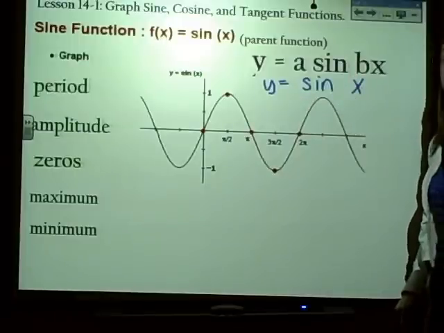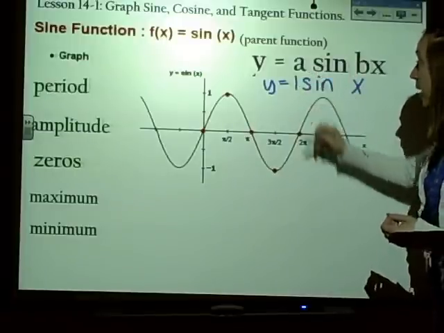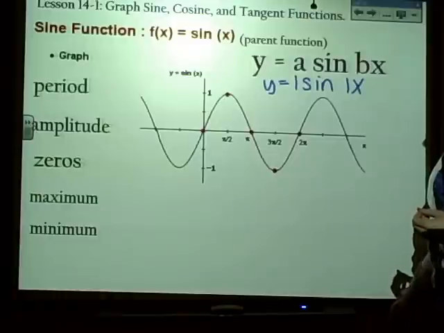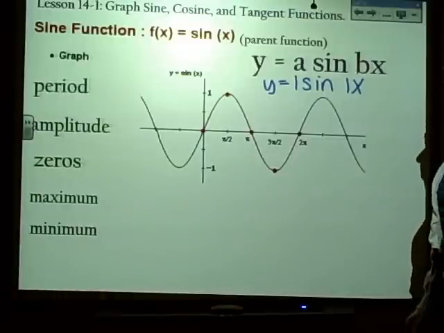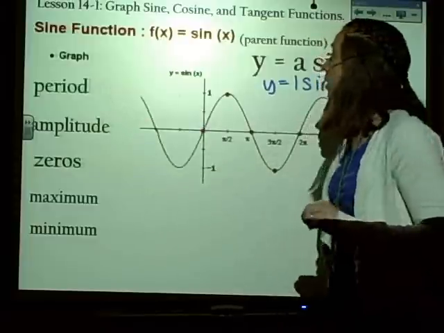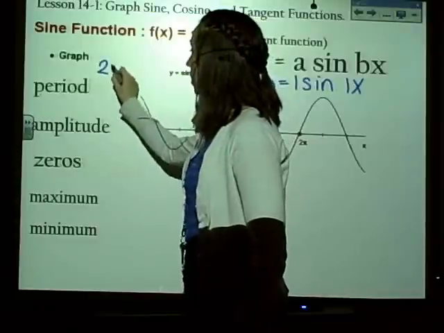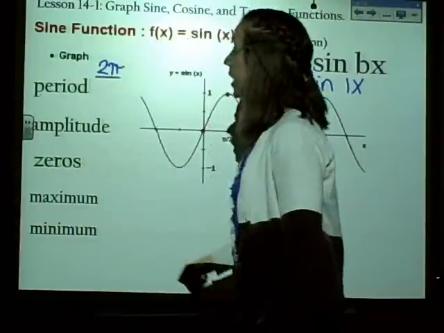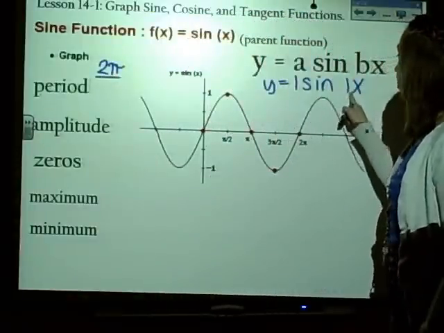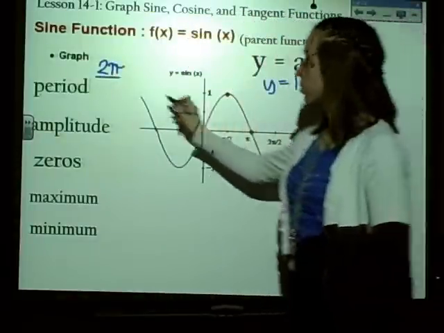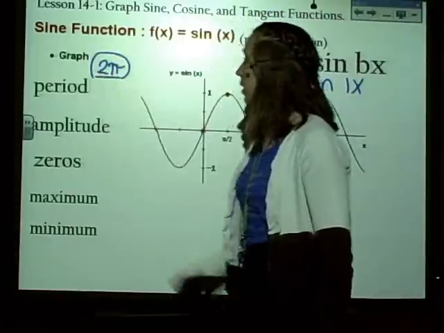What does that mean? That means we have that hidden 1. So my a is 1 and my b is 1. Okay, so now let's think about our period here first. To find the period, remember, we're going to take 2 pi and we're going to divide it by the absolute value of what's in front of x, and we just have 1. So right now our period is 2 pi.